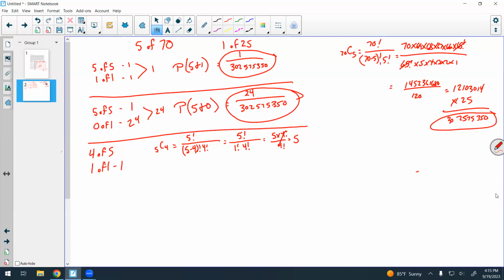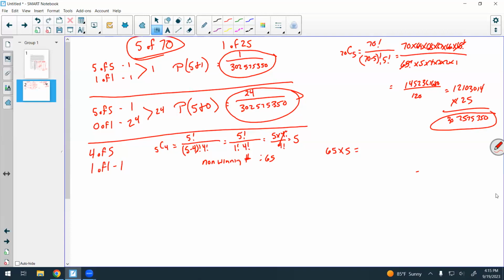What about the 5th number? How many ways can I get that? How many non-winning numbers are there in this body of the ticket? Well, there's a total of 70 of them. And 5 of them are winning numbers. So how many are non-winning numbers? 65. So 65 ways to get that non-winning number. 5 ways to get 4 of 5.